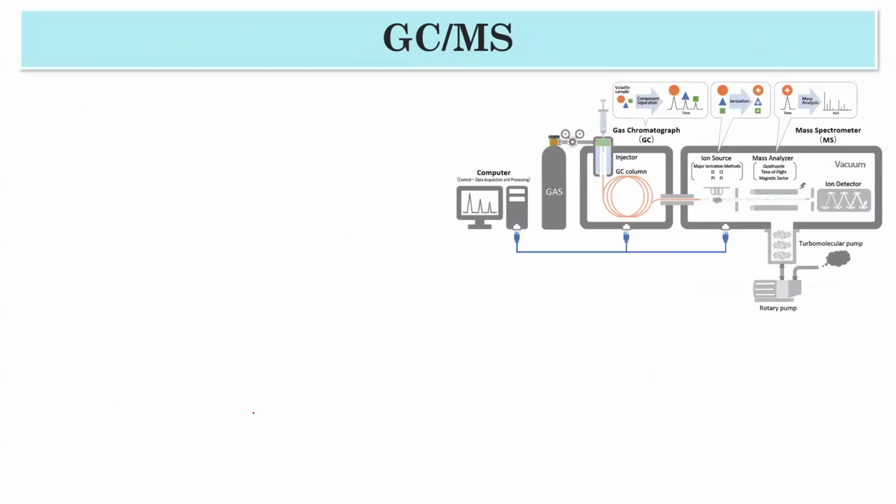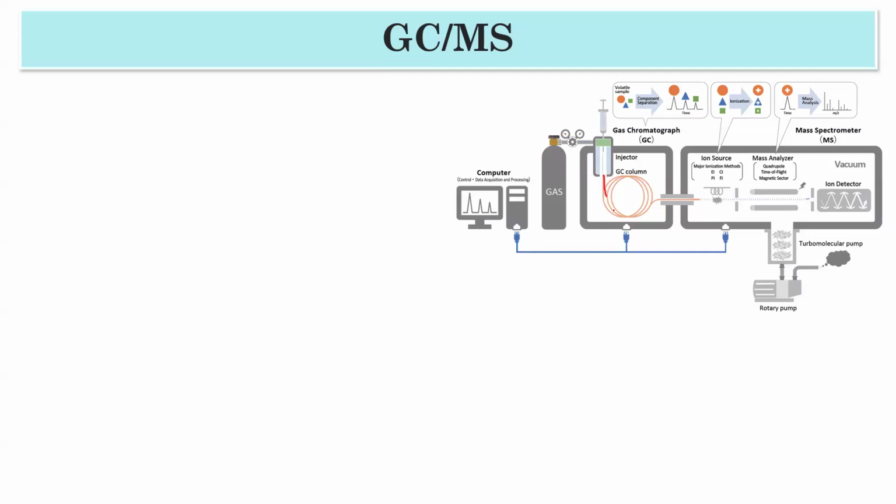Similarly, you have GCMS. GC is gas chromatography. In GC, instead of passing a liquid, we pass a gas, and you insert your sample here, and this is your GC column. In this column your sample is moving, and you are also purging with gas.